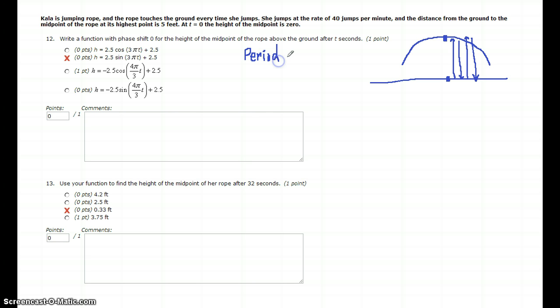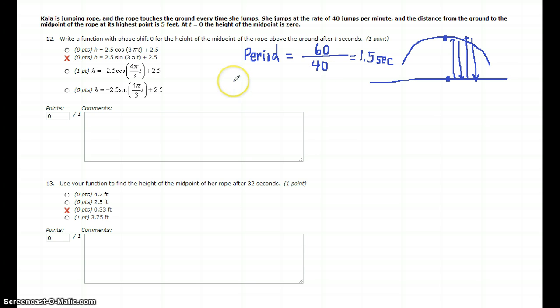We can find out what that period is by taking the number of jumps per minute, which is 40, and the number of seconds per minute, which is 60, and we'll come out with a period of 1.5 seconds. That means a complete jump takes 1.5 seconds.